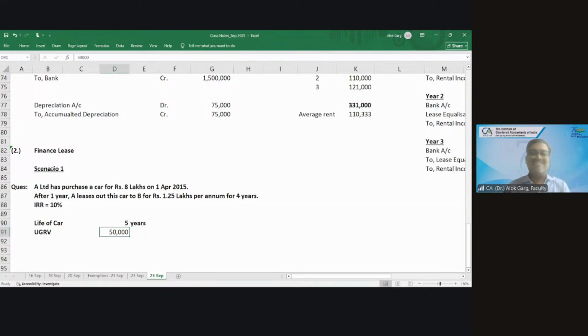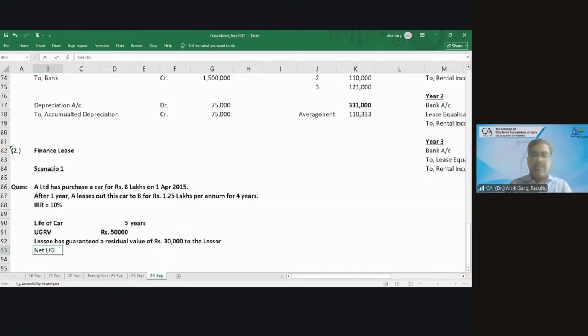Sorry, 50,000 rupees, not years. Unguaranteed residual value is 50,000 rupees. Nobody has guaranteed. Lessee has guaranteed a residual value of 30,000 rupees to the lessor.